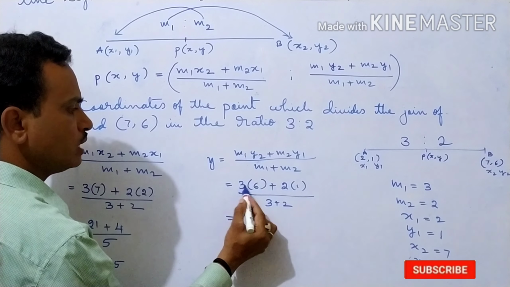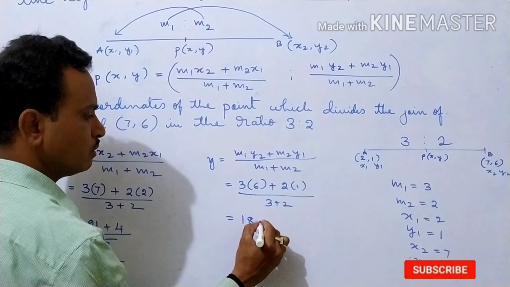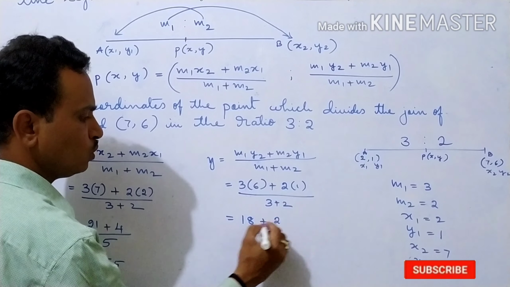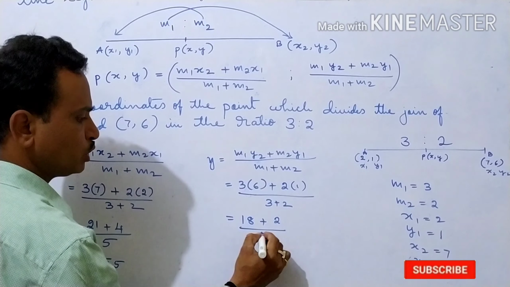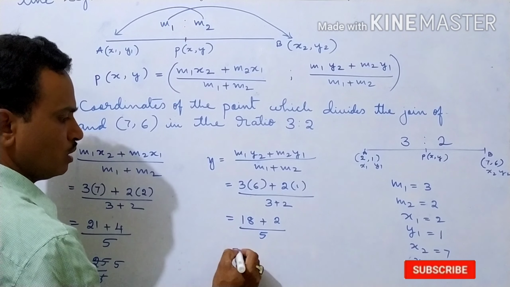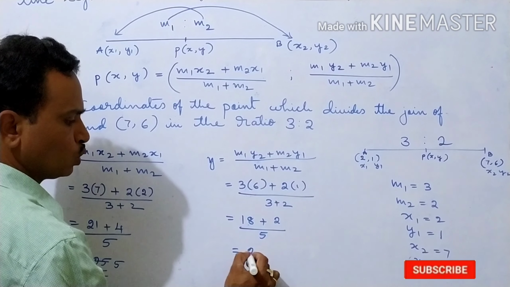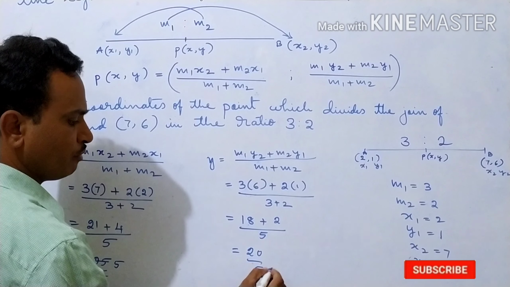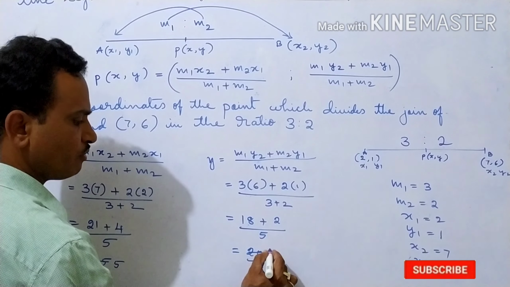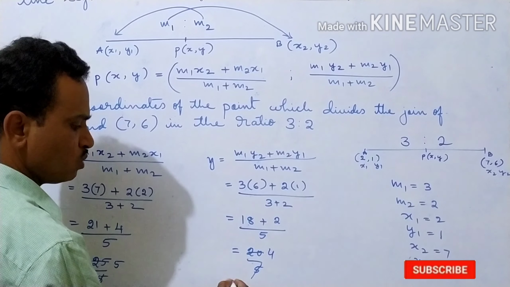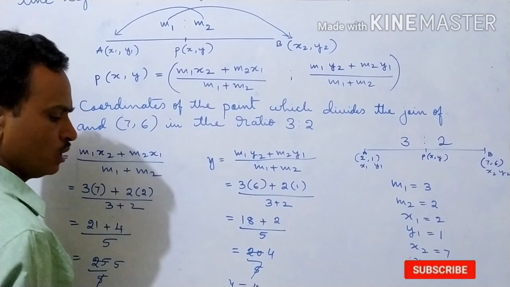Then multiply: 3 sixes are 18, plus 2 ones are 2, whole divided by 3 plus 2, which is 5. Now 18 plus 2 is 20, divided by 5. Now reduce it: 5 ones are 5, 5 fours are 20. So here y is equal to 4.